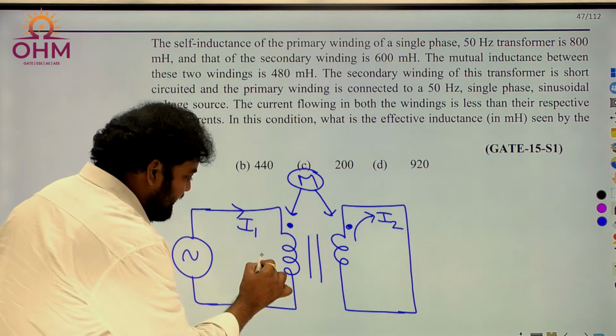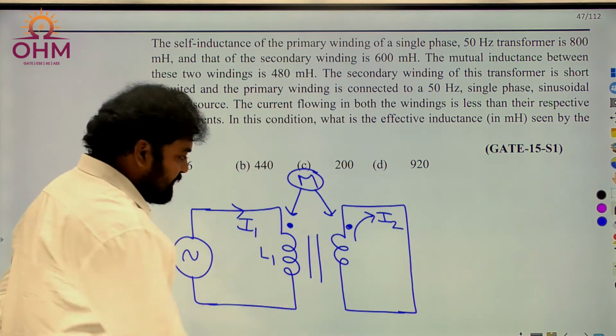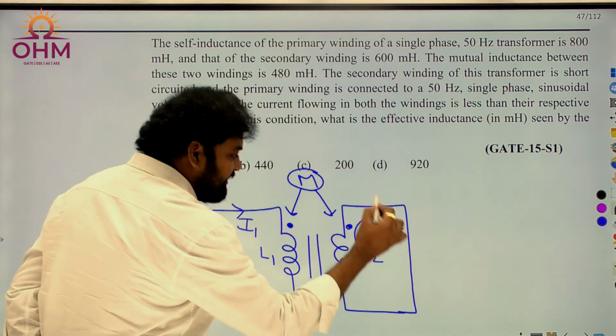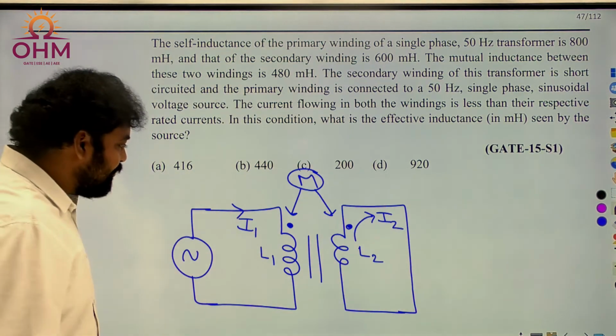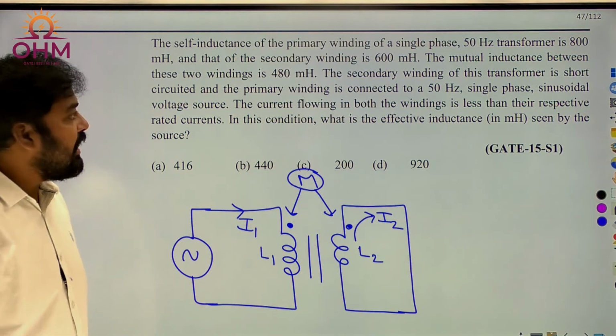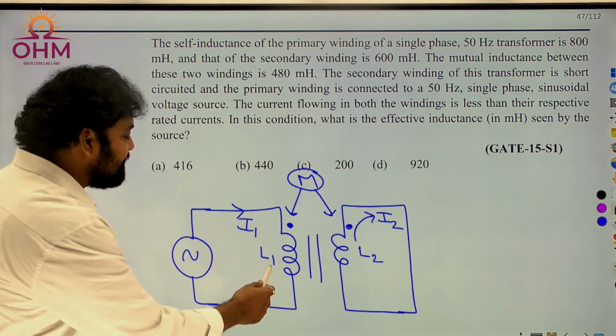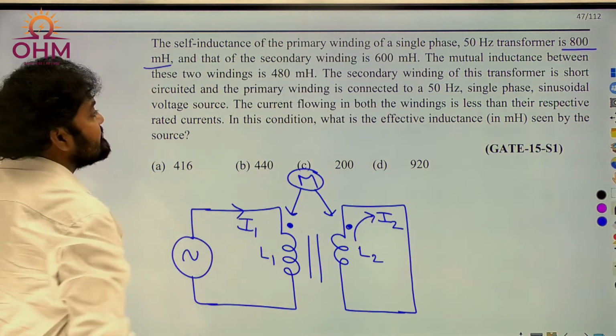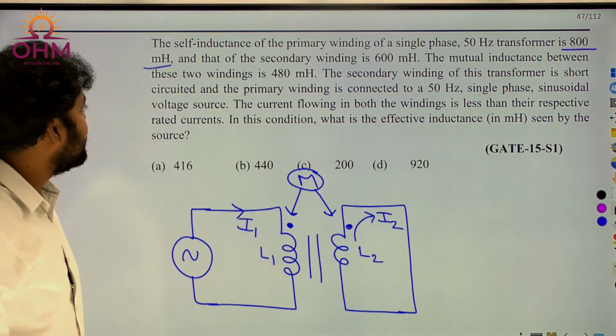Assume the primary winding has a self-inductance L1, and the secondary side winding has a self-inductance L2. Between the two we have mutual inductance M. And in the given question, what is the L1 value? Yes, the primary winding has a self-inductance of 800 millihenries.